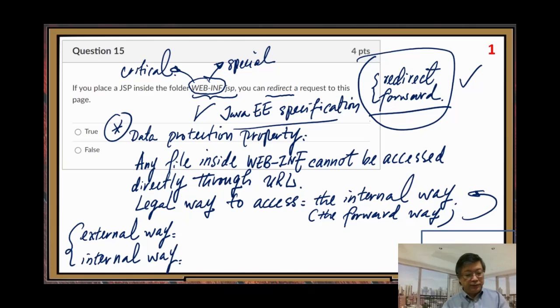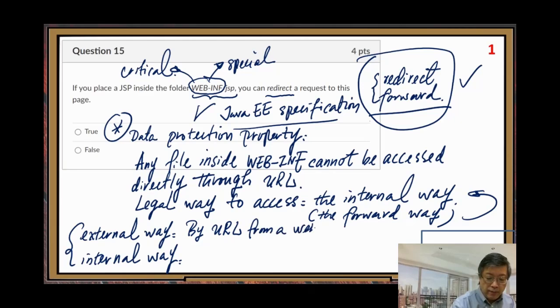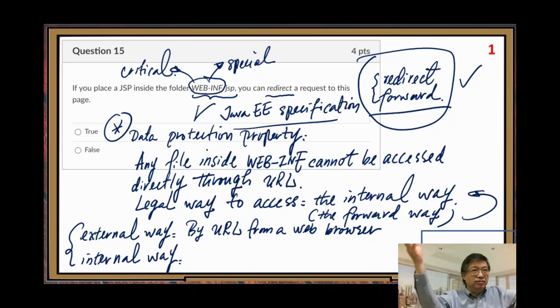All right, now, external way: by URL from a web browser, a web browser outside the server environment. Typically the user enters a URL from the web browser.